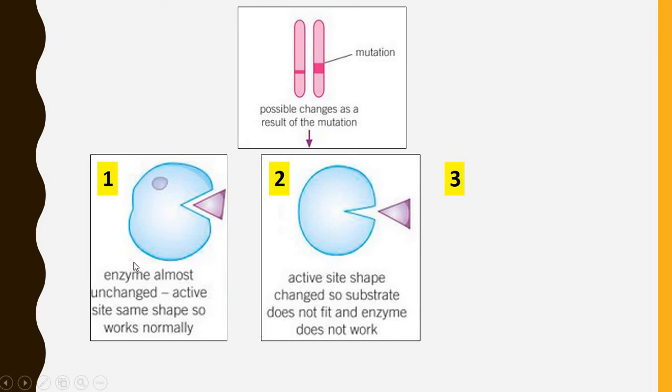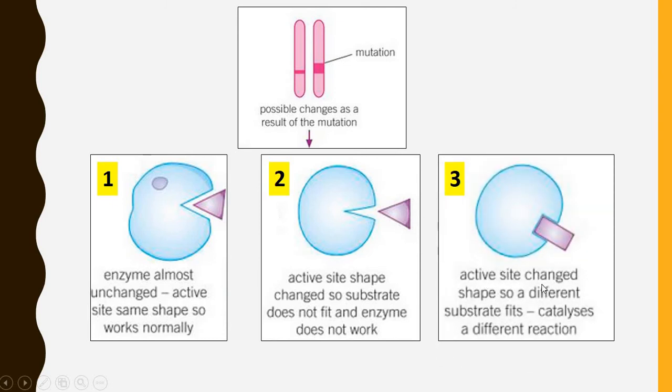So we've got number 1 unchanged, number 2 the active site is changed, the substrate can no longer fit, and number 3 it might be the active site changes shape so that a different substrate can now fit, and so it catalyses a different reaction. Okay, so we've got a nice little example here of different types of mutations and the different outcomes that can happen. The first one here, number 1, is referring to what we call the neutral mutations.